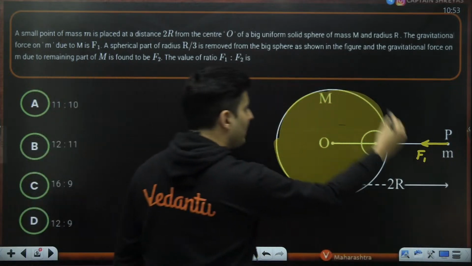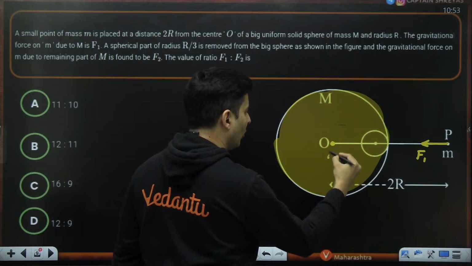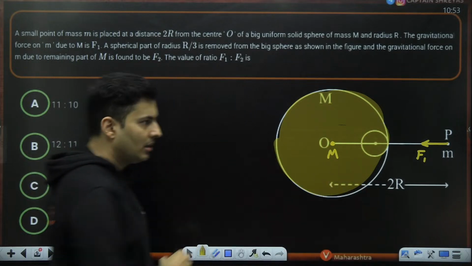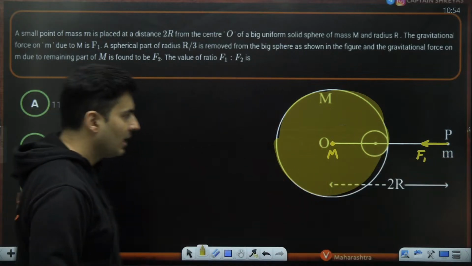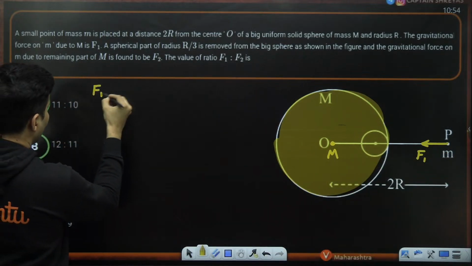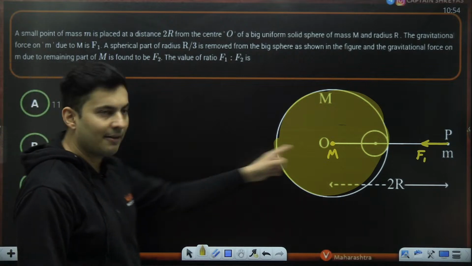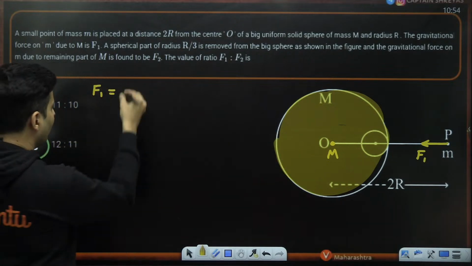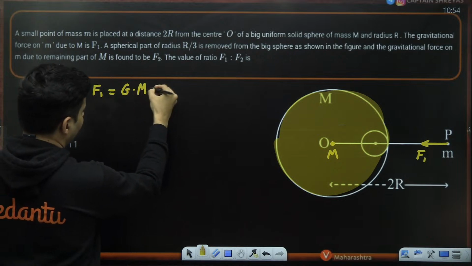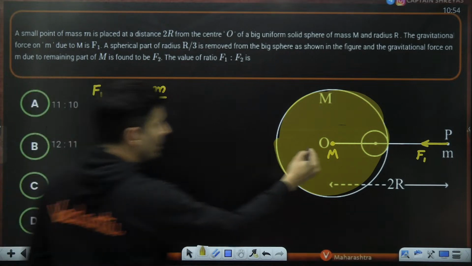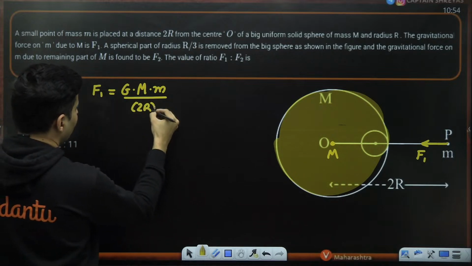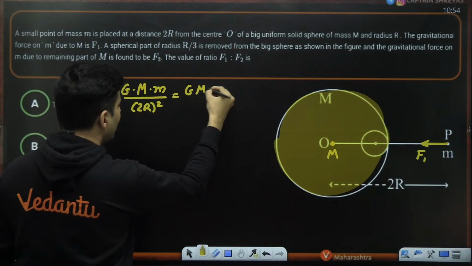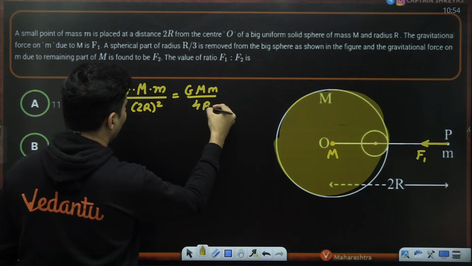Now this entire mass can be assumed to be concentrated over here at point O. So now these are like 2 point masses, and therefore that force F1 will be nothing but G capital M small m, the whole thing, divided by the total distance of separation, which is 2r, the square. So it will be GMm divided by 4r square.